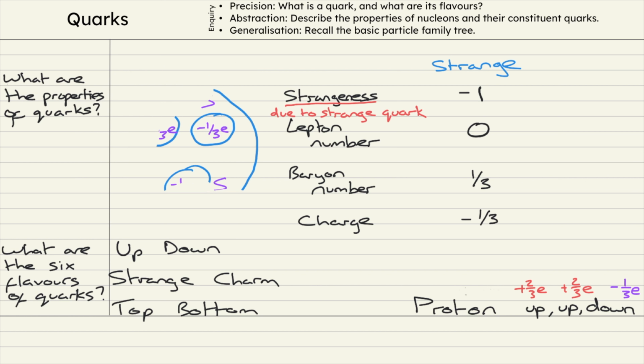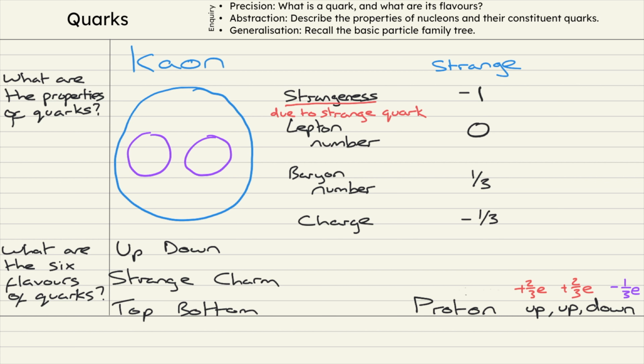You're more likely to come across the kaon, though. It is a meson made up of strange and up or down quarks or antiquarks. K- is a strange quark with an up antiquark. So that means it has a strangeness of -1 and a charge of -1/3 e plus -2/3 e.